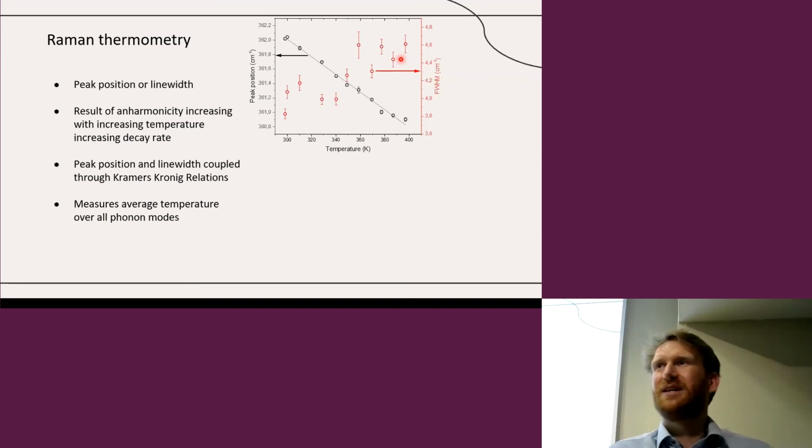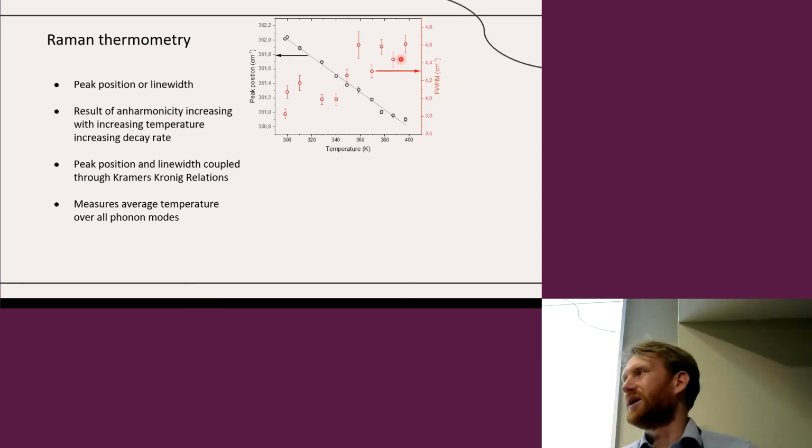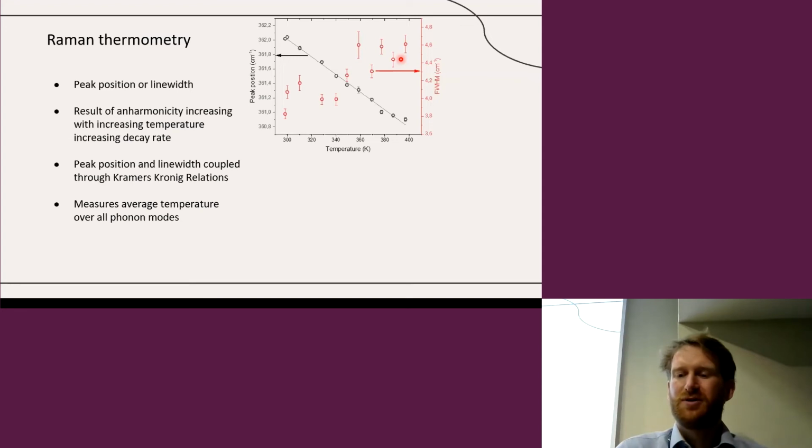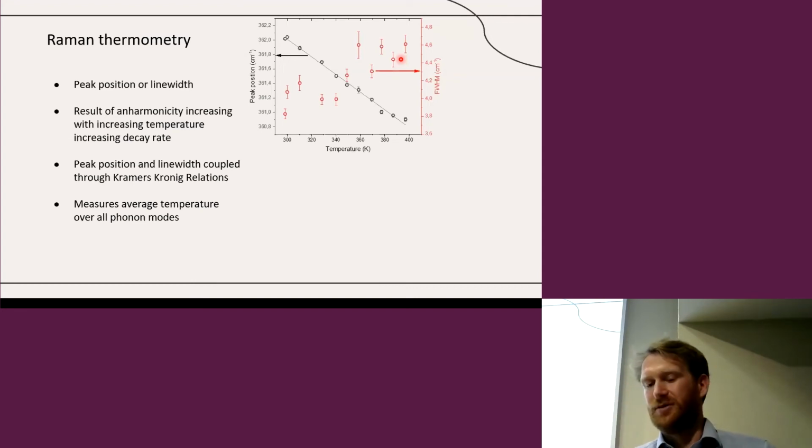Maybe one thing that is important to point out here, which might not be immediately obvious, is that with this way of using Raman thermometry, we are checking the anharmonicity. So we are checking how the phonon modes that we just created, or destroyed, but in this case created, decay to all the other phonon modes.